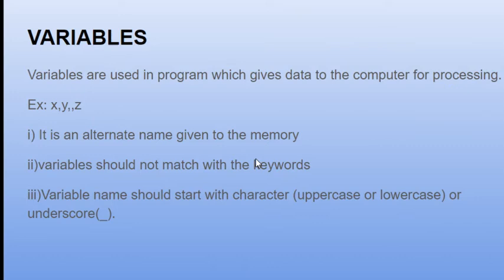Now what does this mean? Say I want to assign some value somewhere, or I want to perform some addition. I can't say directly 5 plus 2, the computer won't understand that. So we will be using variables. How is it used? Initially we have to assign some memory to the variables.